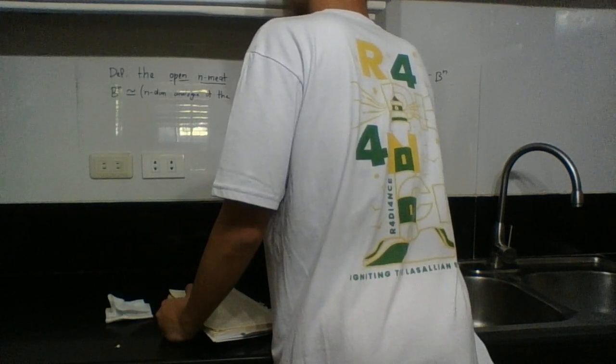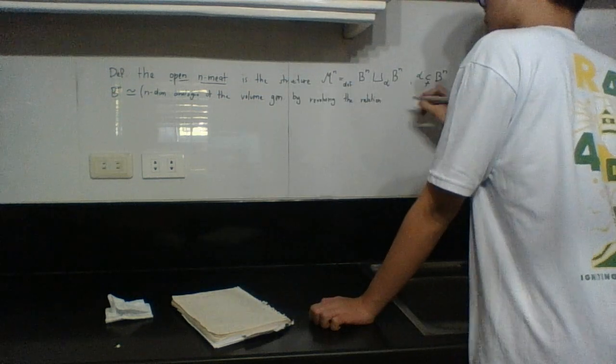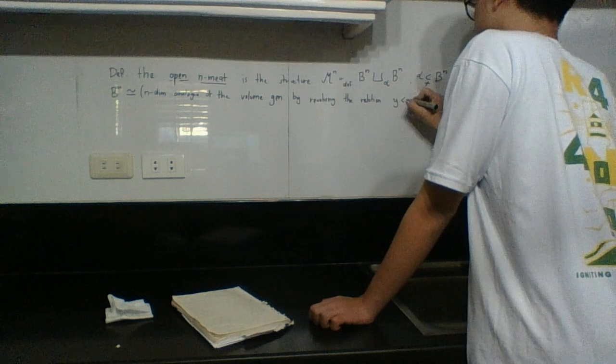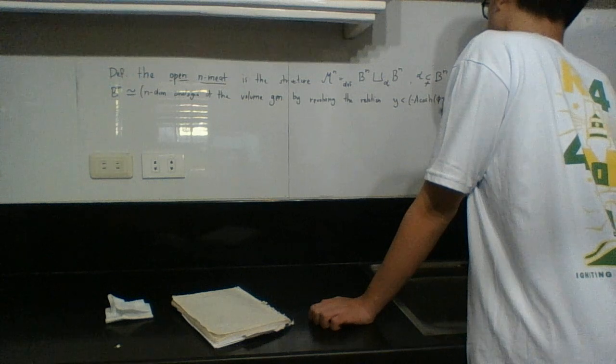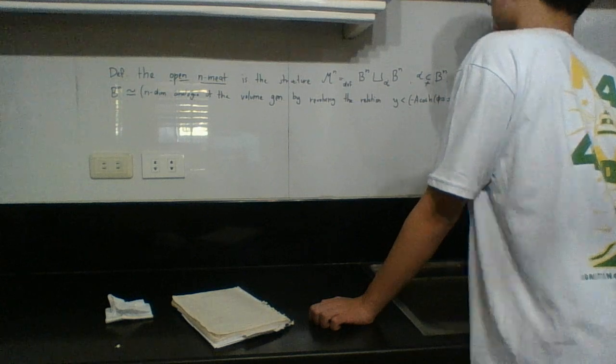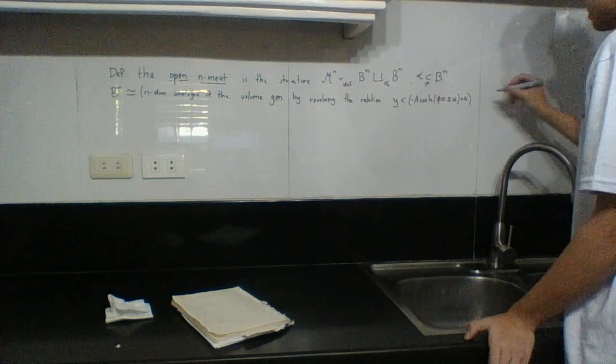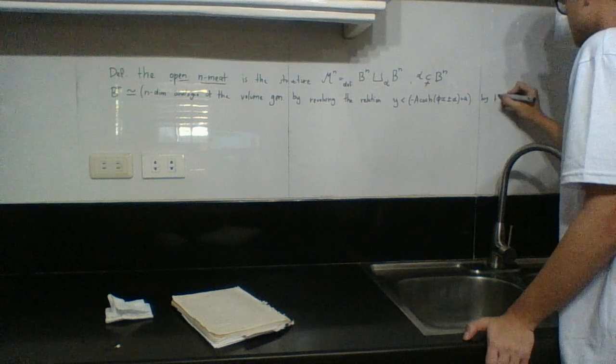So it's the n-dimensional analog of the volume generated by revolving the relation y is less than minus a cosh of phi x plus minus alpha plus a, by a principal axis.